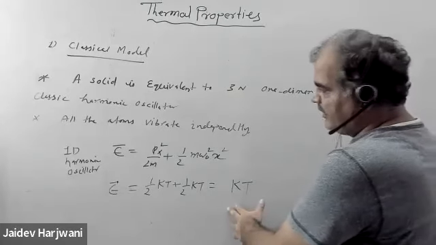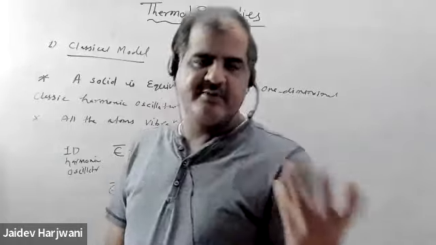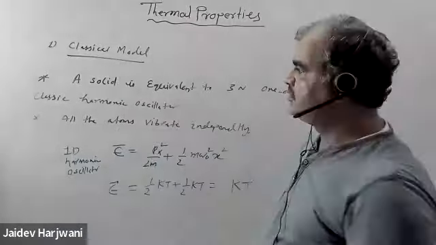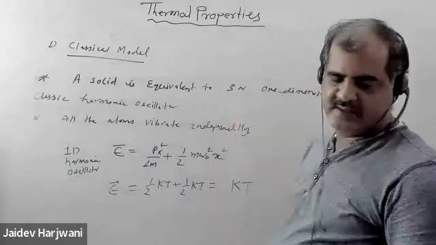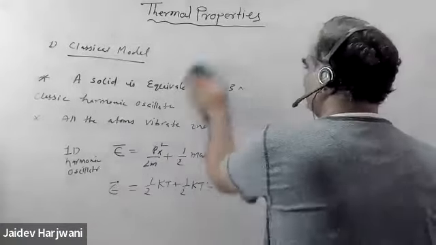Now in a solid, we have N atoms, and each atom is equal to 3 harmonic oscillators. It can move in three dimensions. So a solid is equivalent to 3N harmonic oscillators. So the energy of the solid will be 3NkT.